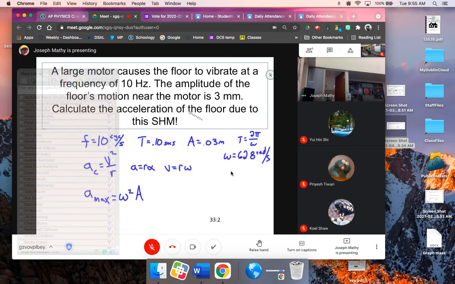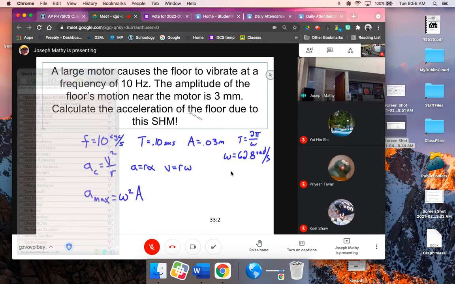Should we also give an acceleration formula for any given time? What's that now? In the question it says calculate the acceleration of the floor. Should we also give just a general acceleration equation based on time?